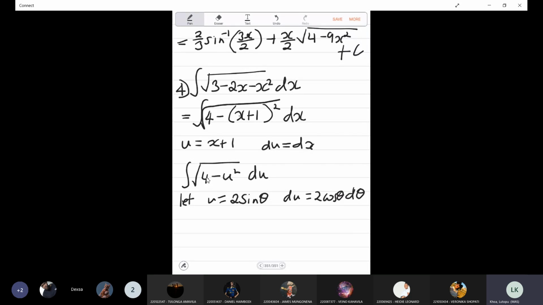And then substitute it over here, and then integrate as we have always been doing. So this is the integral of the square root. 4 will obviously be a common factor.